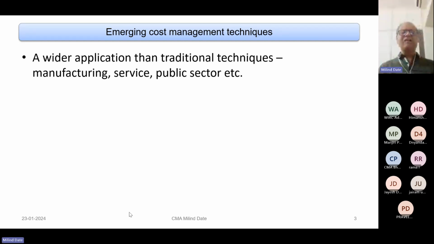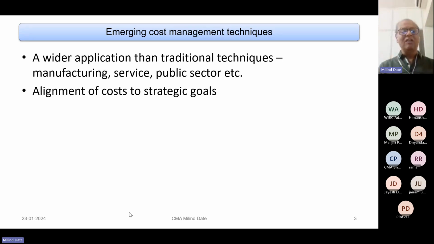And the fundamental difference between traditional and emerging techniques is that whereas the earlier techniques looked mostly at the operational level requirements of the organizations, the ones which we are going to discuss today look at alignment of the costs with the strategic goals of the organization.